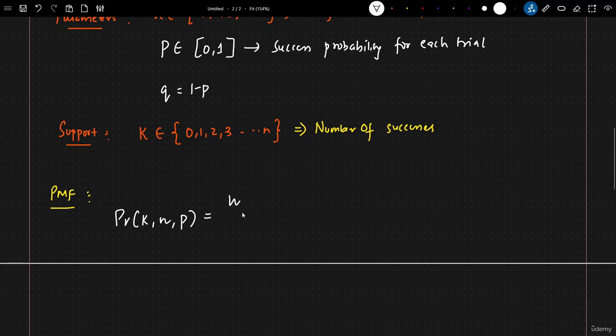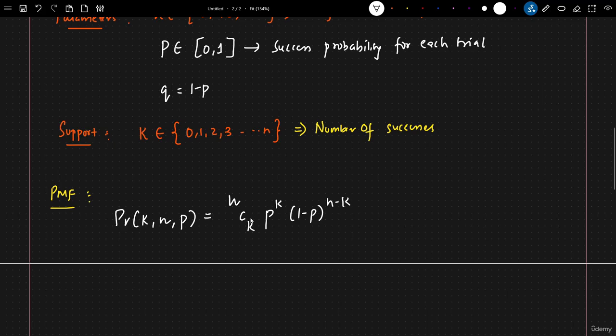It is n c k, which is the combination, p to the power of k, 1 minus p to the power of n minus k. I hope you know this formula. If my number of trials n is just 1, then I replace n with 1 over here, and this basically becomes a Bernoulli distribution.